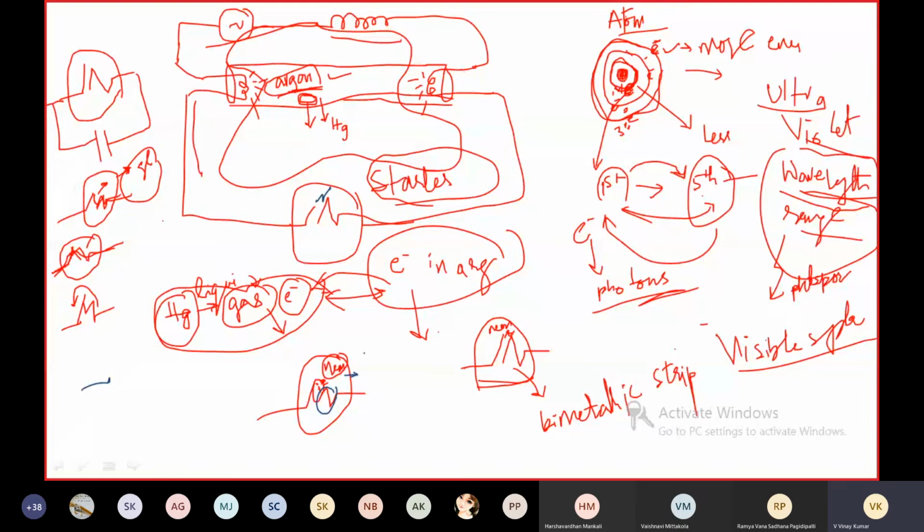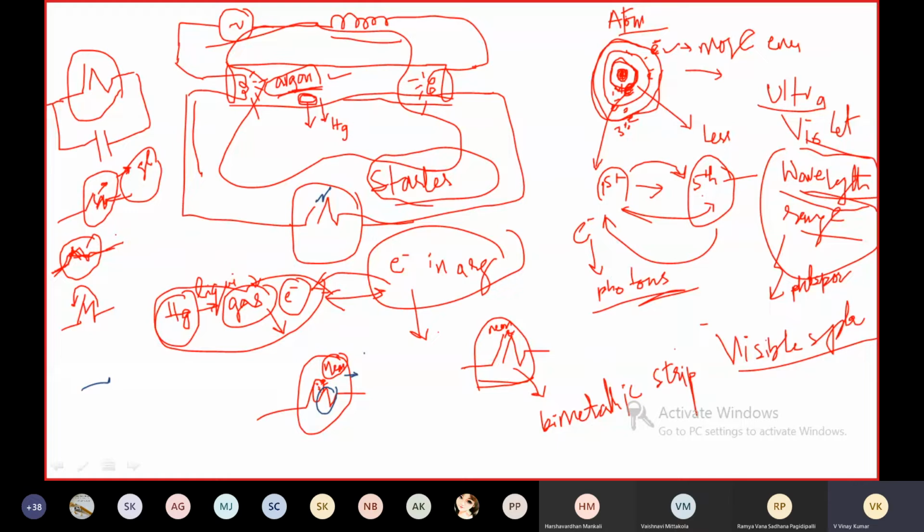Earlier, heat was produced because of the spark between two electrodes. Now, when these two contacts are closed together, no heat is produced. When no heat is produced, this neon gas bulb gets turned off.